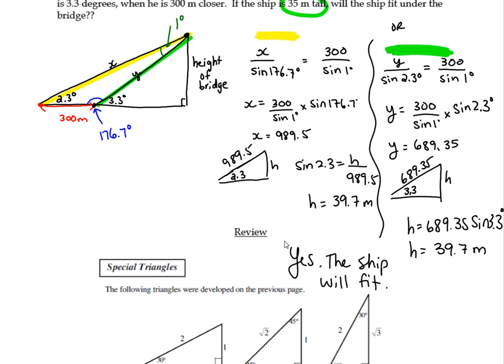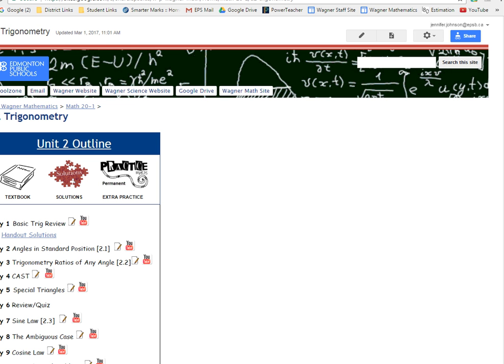The bottom is just a review of special triangles. This is the end of the lesson. So you have a handout that I just gave to you. That's your assignment. It's two-sided. The answers for both sides are on the front, because that's where it fits. If you want extra practice, there is some extra practice on the math website as well. So when you're on the math website here, click the extra practice button.